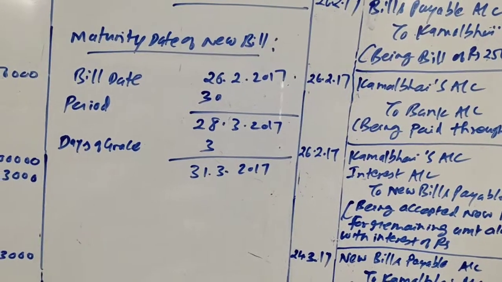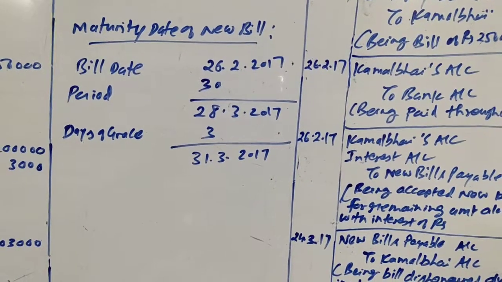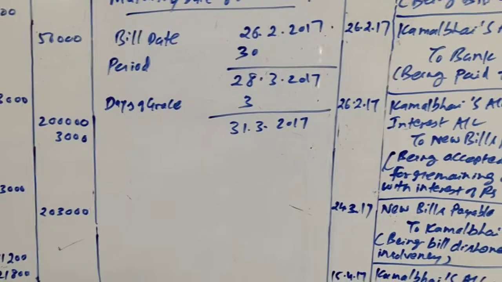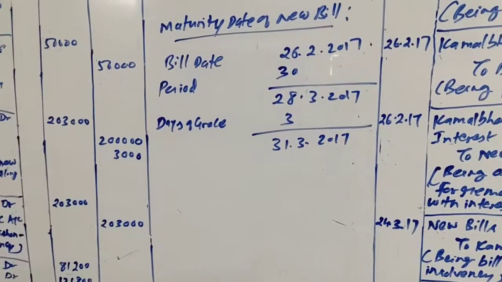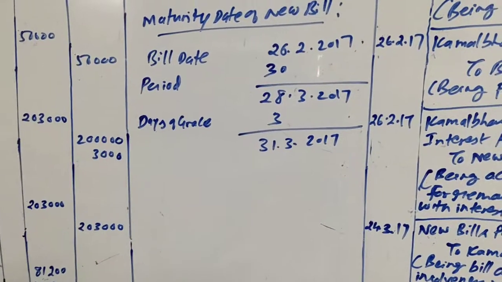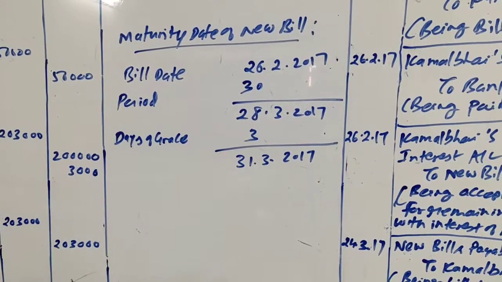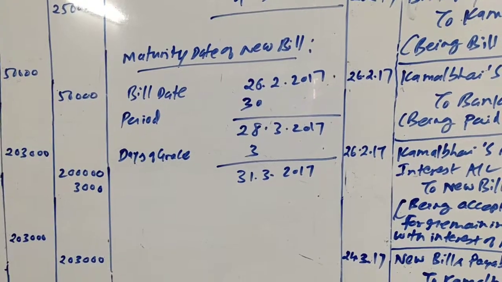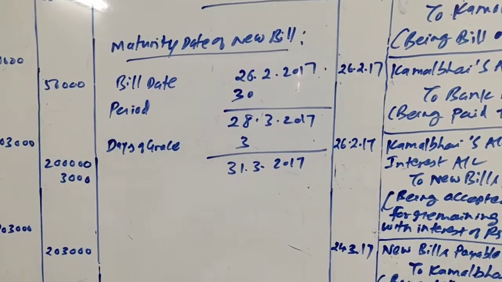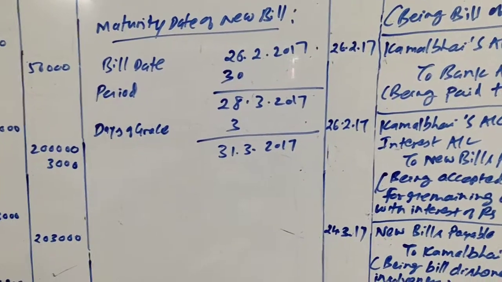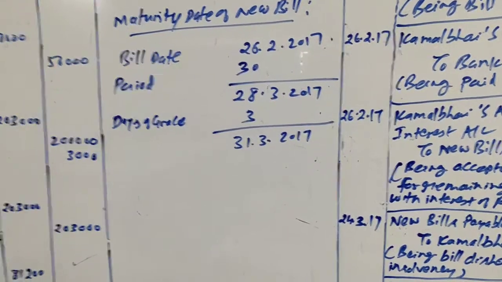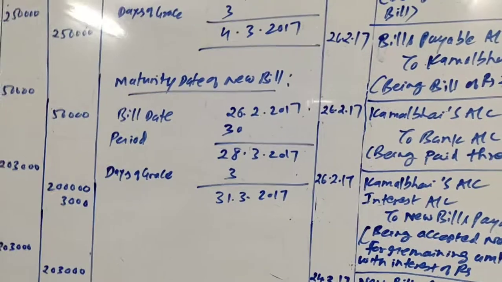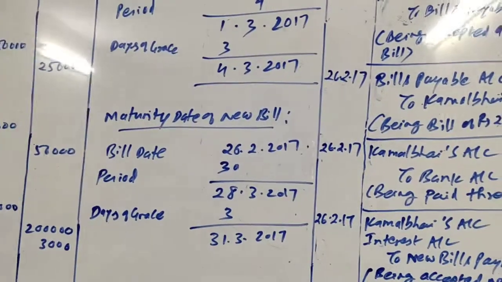So 28 March 2017 plus 3 days of grace. When I do so, I get the maturity date 31/3/2017. Okay, so this is the maturity date, but we don't need it because no entry will be passed on this day. Before this maturity date, the bill is already dishonored due to insolvency of drawee. So it is already recorded, but we have just calculated it here.